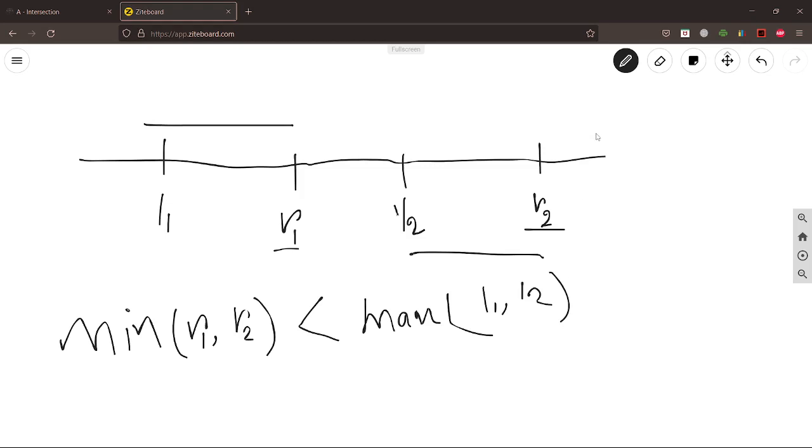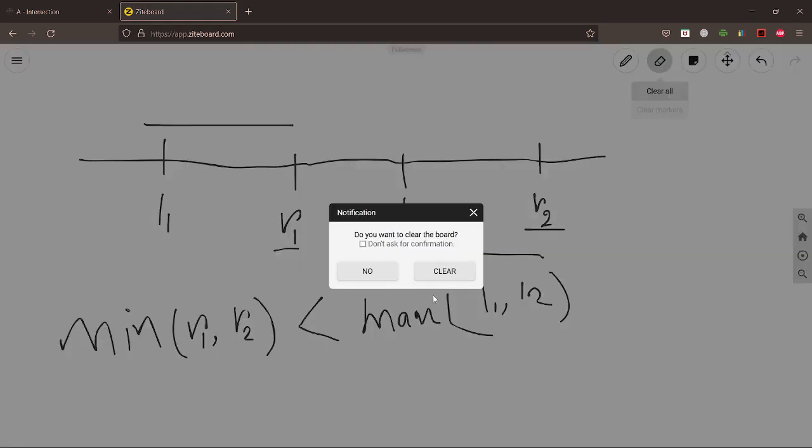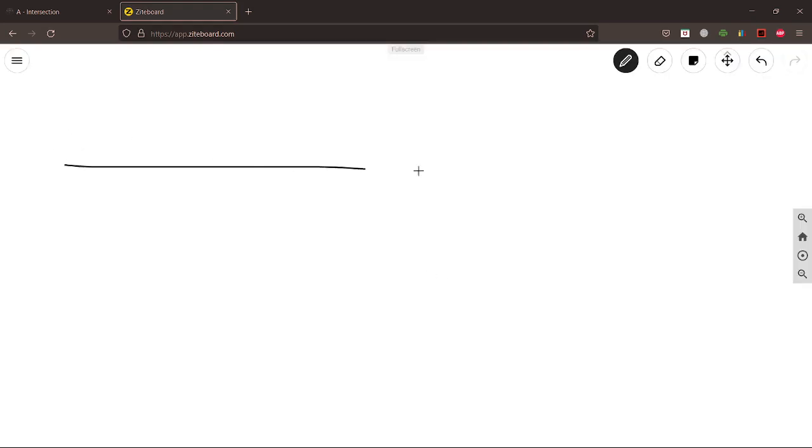But when there is an intersection between two ranges, then what would be the answer? Suppose this is our L1 and this is L2 and this is R1, this is R2.